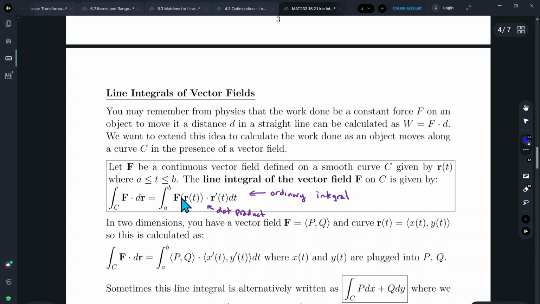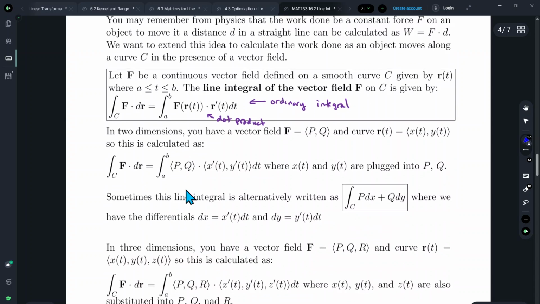Then, this being a vector, you calculate a dot product with r prime, which we are familiar with from previous chapters. You take this dot product, the result will just be a function of t, and then we can calculate the ordinary integral with respect to t. So that's the basic setup.